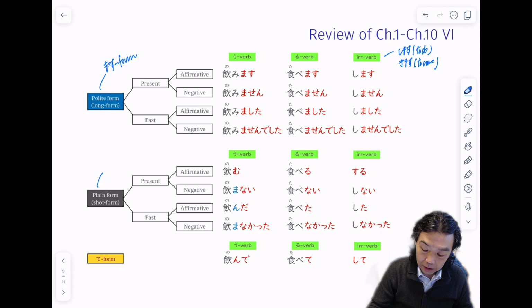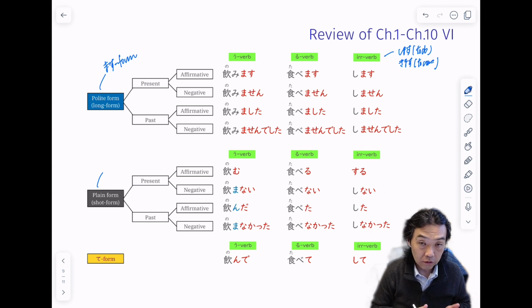So this leaves us u verbs and ru verbs, and it doesn't always work, but one way to find out whether the verb belongs to u verb or ru verb is to check the stem.